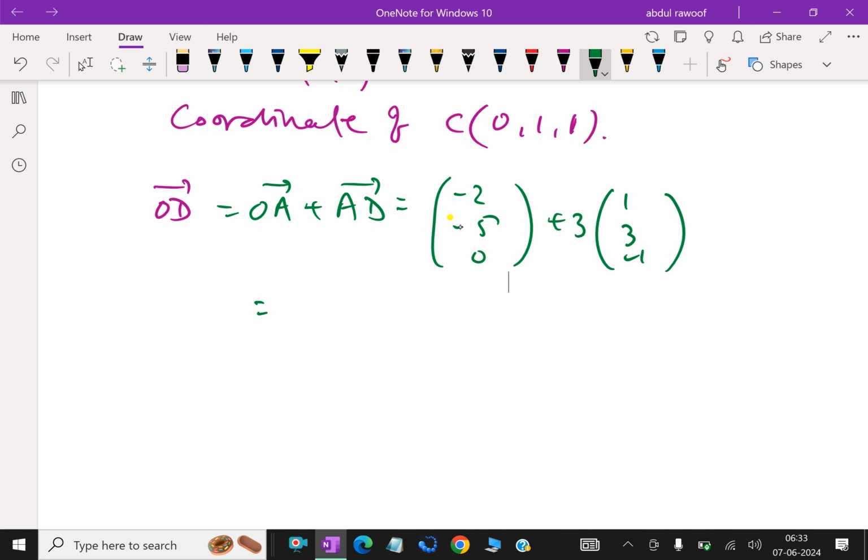So we can calculate. Here minus 2, 3 into 1 is 3, so it's 1. Then next is minus 5, 3 into 3 is 9, 9 minus 5 is 4. Then 0, 3 into minus 1 is minus 3, 0 minus 3 is minus 3.